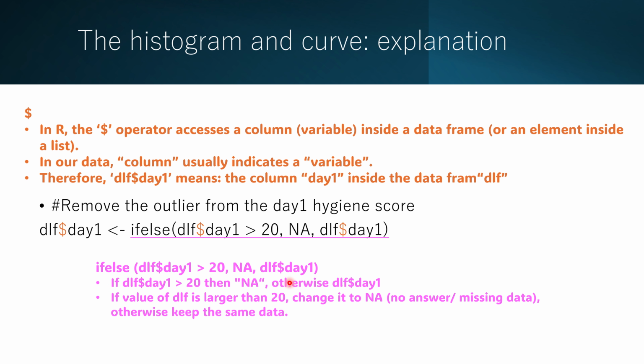And this is the explanation of excluding the NA data. If a value is greater than 20, turn it into NA. The exclude-outlier command is here. If the data is over 20, then the data is replaced with NA. So this single line flags the outliers as missing, and we can proceed with clean plots and tests.